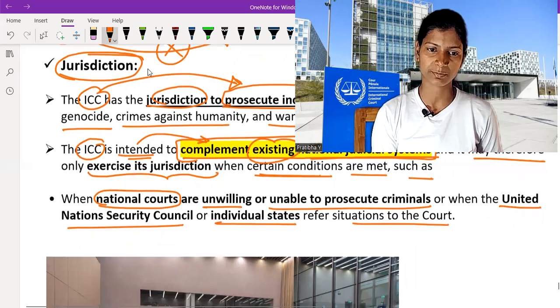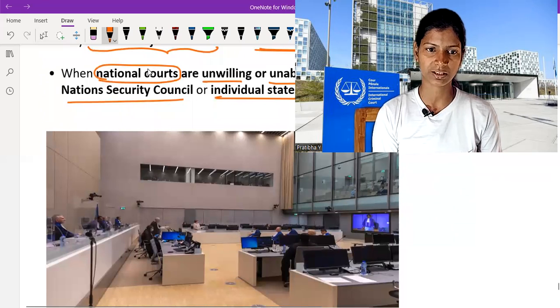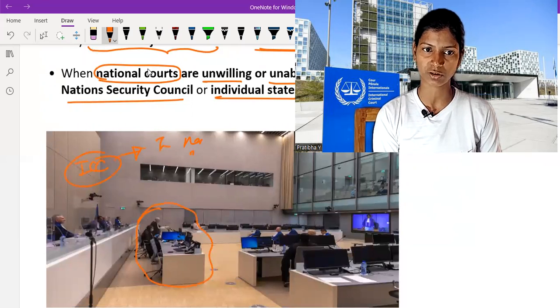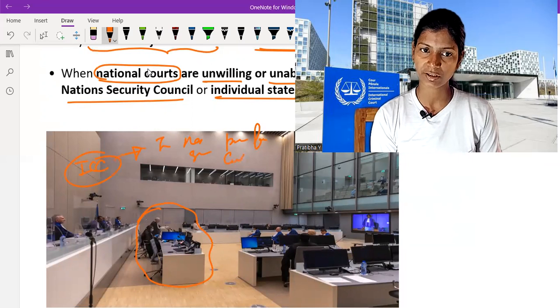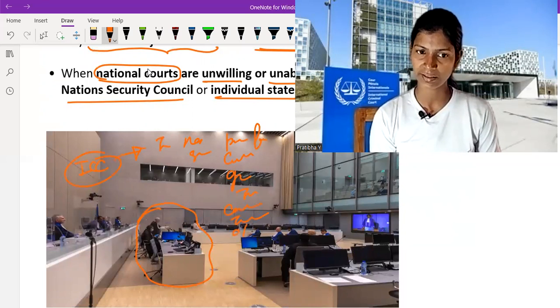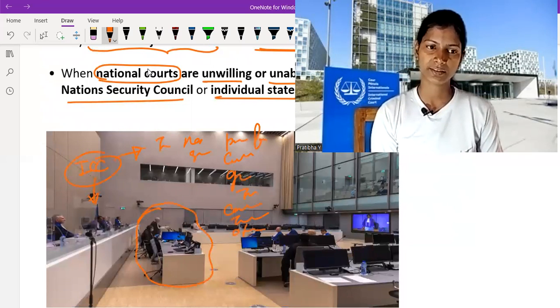So let me summarize. In this picture you can clearly see a room of ICC where judgment is given. India is a non-party and non-signatory. It is primarily funded by its members, but also takes voluntary contributions from governments, individuals, corporations, international organizations and other entities. Its headquarters is in Hague.